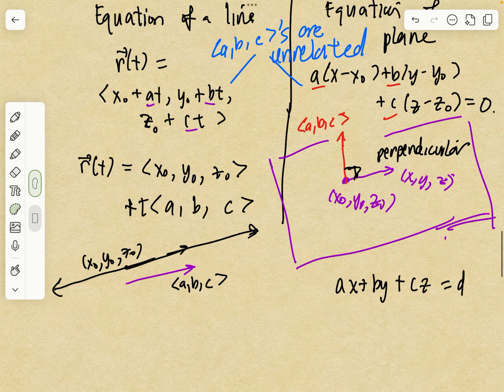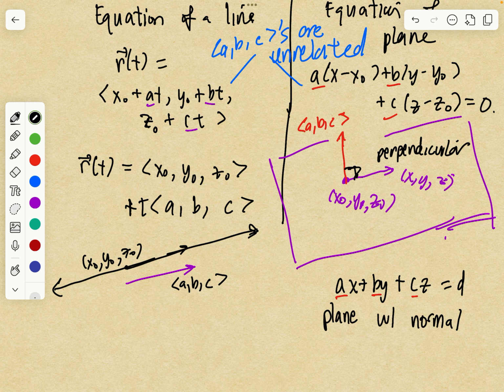And I still see an A, B, C, and since this equation can be rearranged to give this equation, I recognize that this is an equation of a plane with normal vector A, B, C.